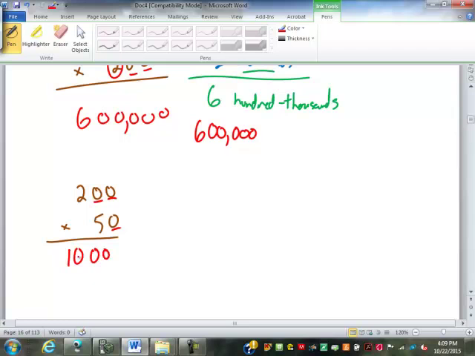So 1, 2, does that 0 count? No, that's from the 2 and the 5. We still have to add 3 zeros to it. This is 2 hundreds times 5 tens. It makes 10. Hundreds times tens is thousands. So 10 thousands.